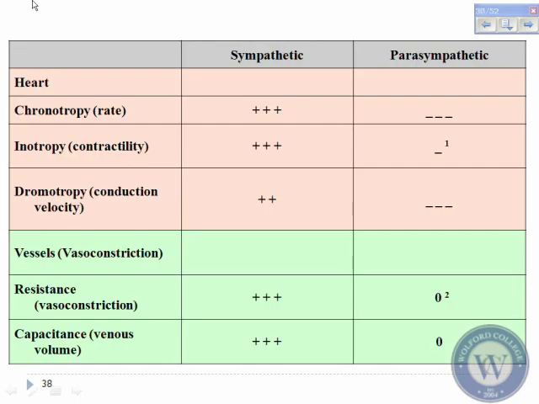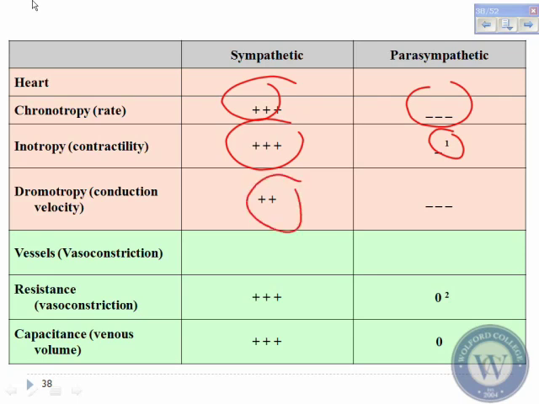So sympathetics control heart rate, and parasympathetics also control heart rate. Contractility, though, is only for the ventricles by sympathetics. Here, the note is that only the atrium is parasympathetic. There are no effects on the ventricle itself. Conduction velocity is increased with sympathetics and is also affected by the parasympathetics.